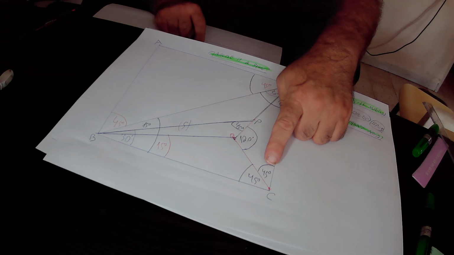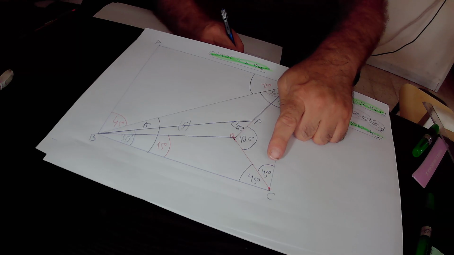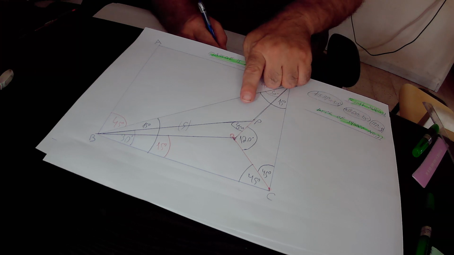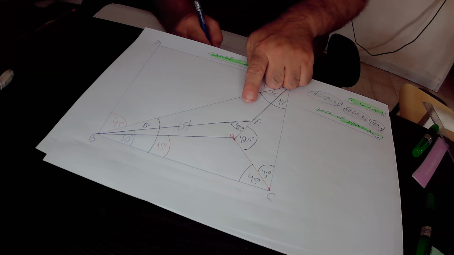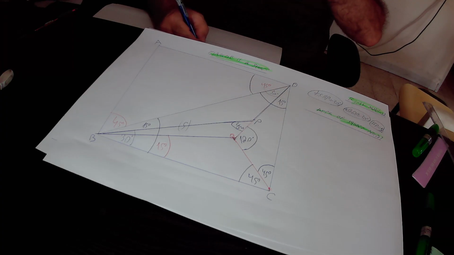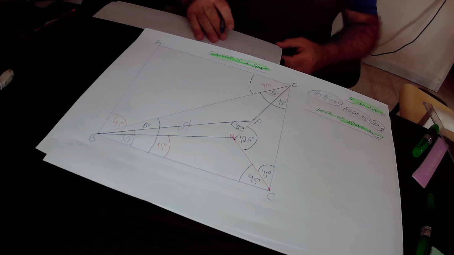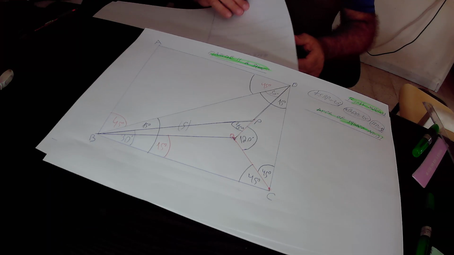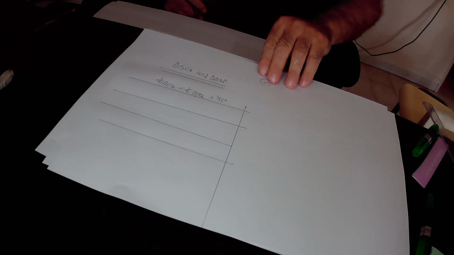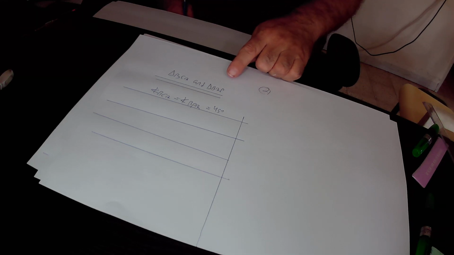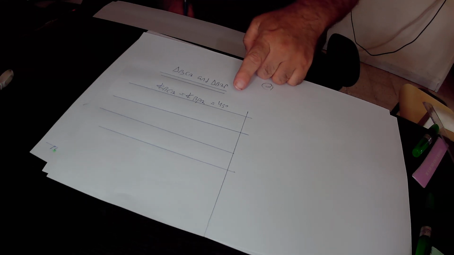So here angle BCQ, in triangle BQC, is equal to angle BPQ, in triangle BQP. They are both equal to 45 degrees, and therefore they are equal to each other.